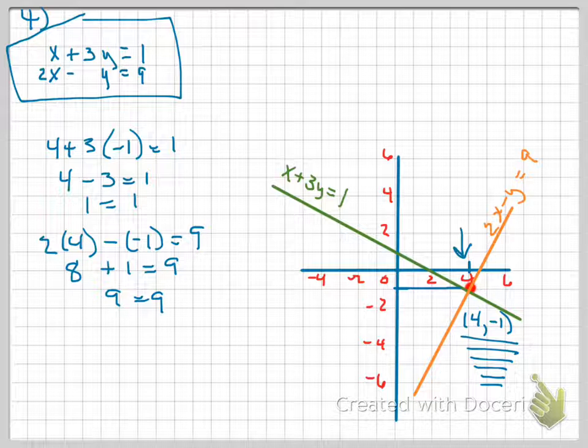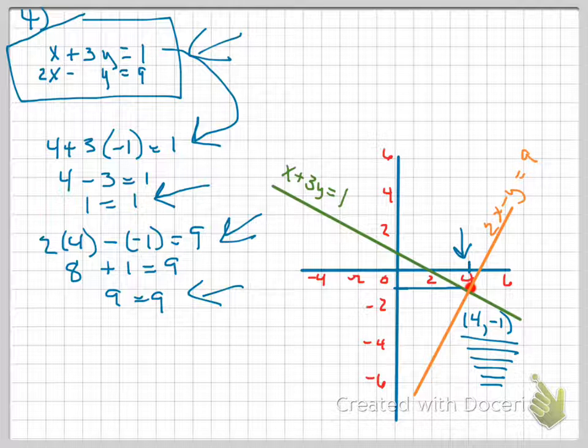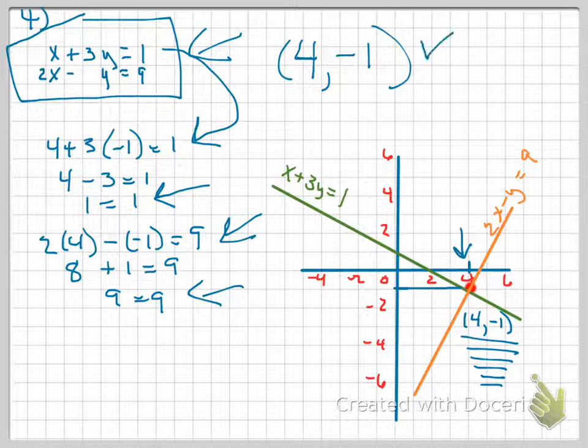So if we take our equations here and just plug in x and y, we work it out and we see that the solutions are equal on both sides for the first equation when we plug in that 4 and negative 1, and also for the second equation they are equal on both sides. So our coordinates of 4 and negative 1 are our answer, and we've checked it and it's correct. So that's how we work out those problems in set 2.